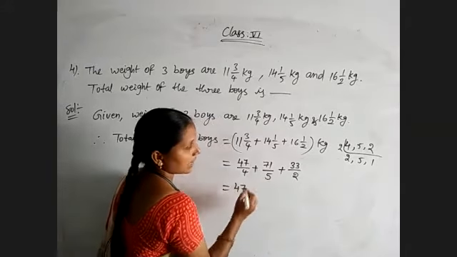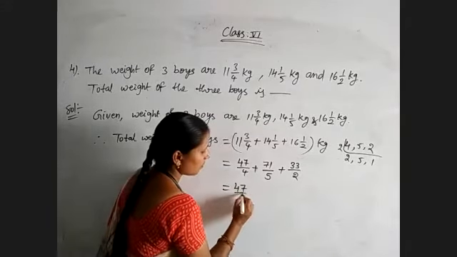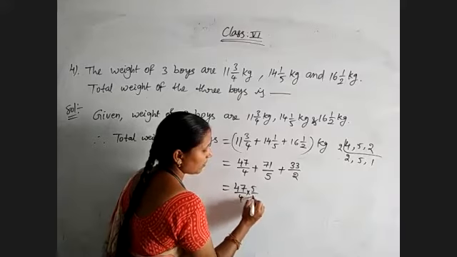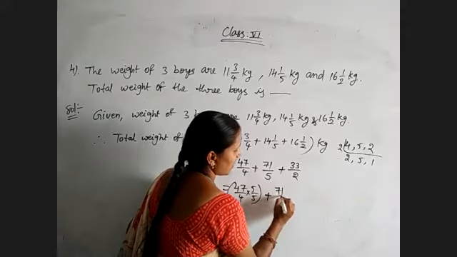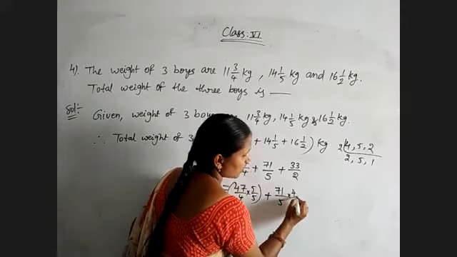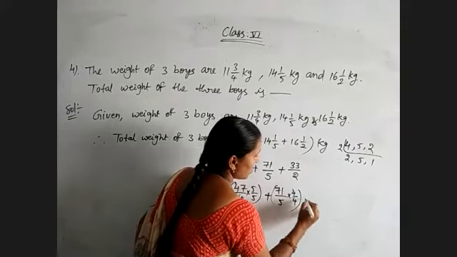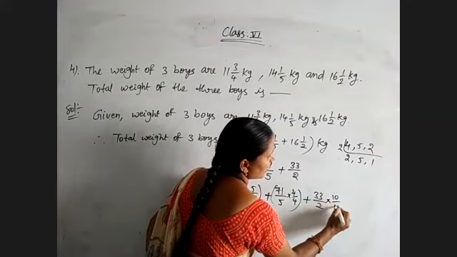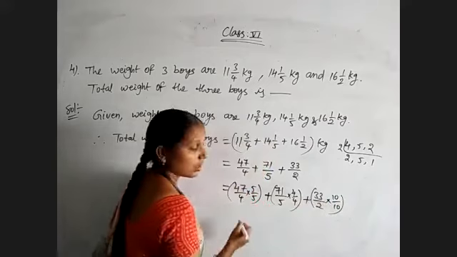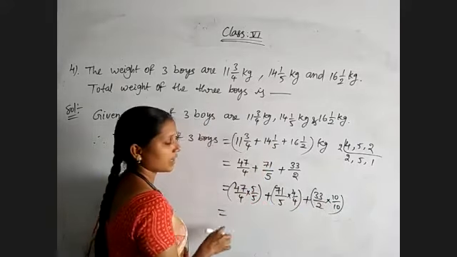We got LCM as 20, so 47 into 5 by 20 (4 5s are 20), plus 71 by 5, 5 4s are 20, so 4 by 4, plus 33 by 2 into 10, 2 10s are 20. That's all. So which is nothing but 47 into 5.